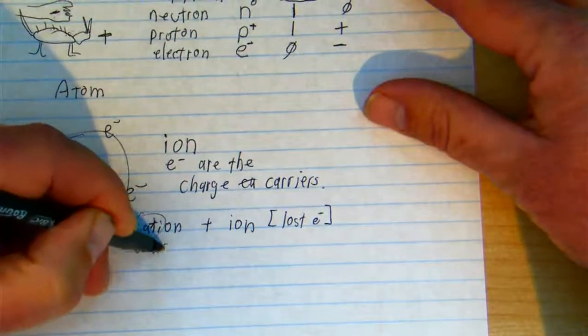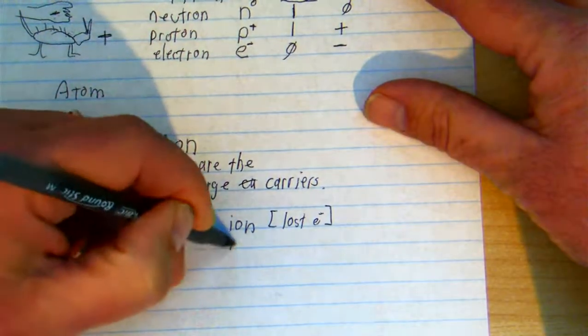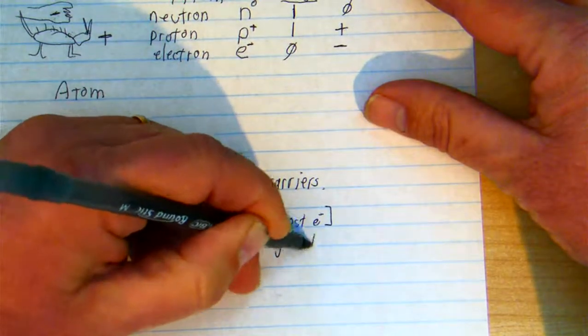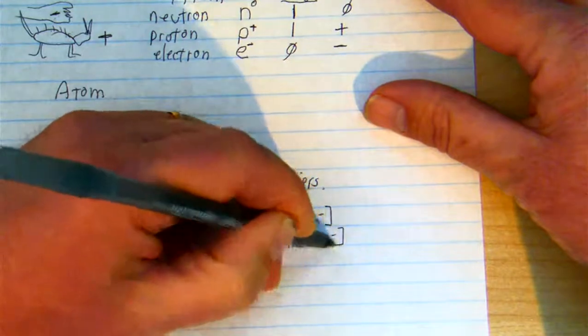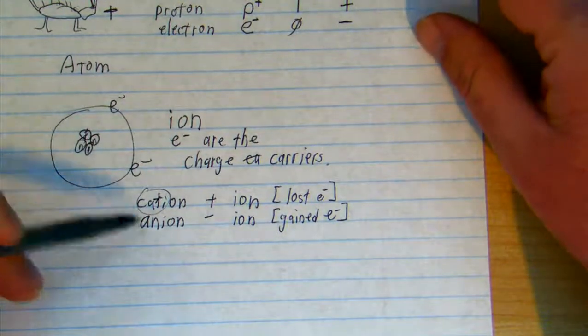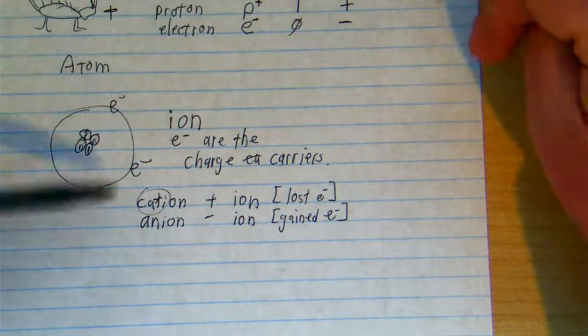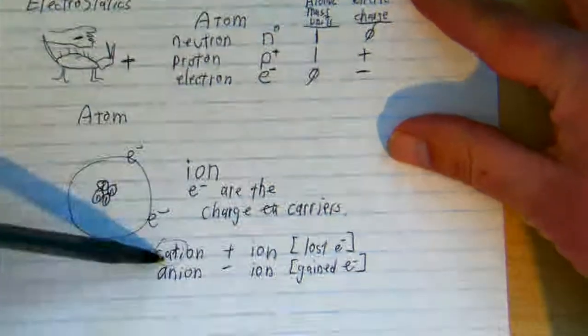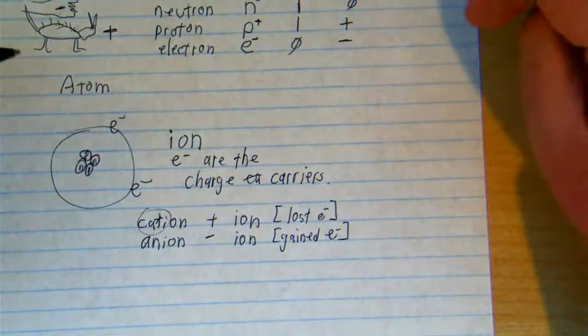An anion is a negative ion, and that means it has gained electrons. And no, that's not onion. That's supposed to be anion. Anions, how I pronounce it. Cations, anions. Cations, positively charged ions. Okay.